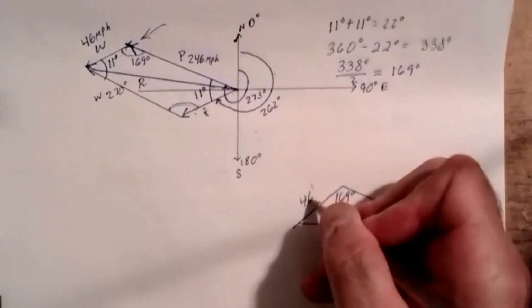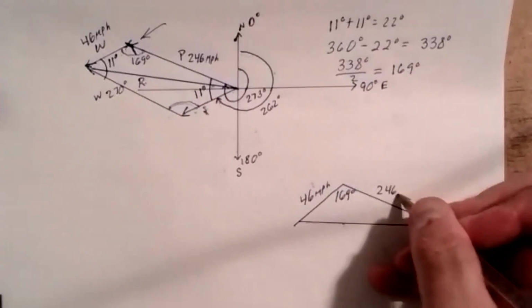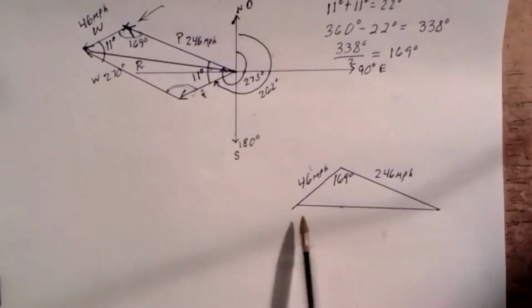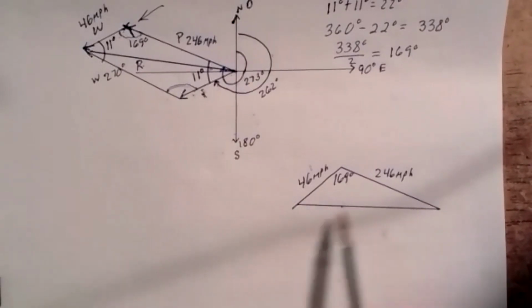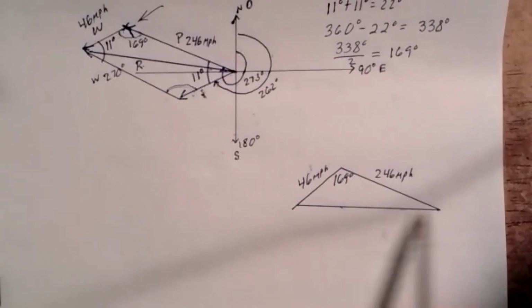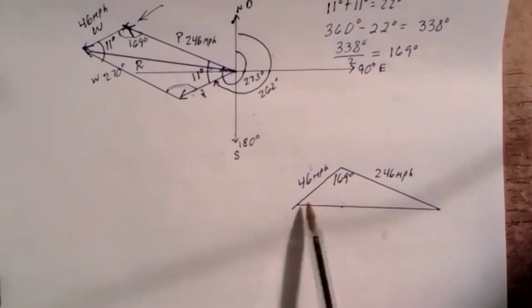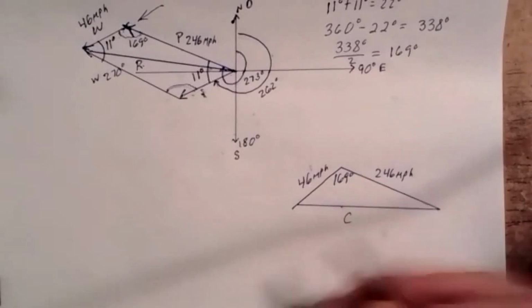We know this is 46 miles per hour, and we know this is 246 miles per hour. Using the law of cosines, ladies and gentlemen, we can then find the true ground speed of the airplane, the speed of the airplane relative to somebody fixed on the ground looking up at the airplane. And this is due to the wind deflecting the airplane. So we can find the speed here.